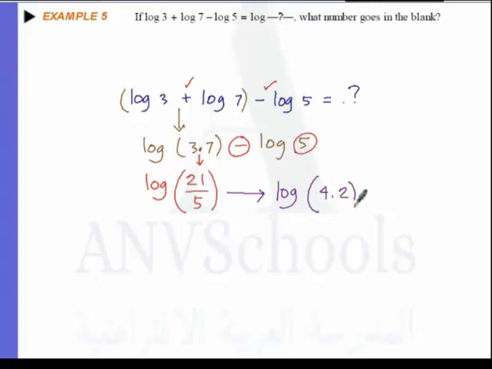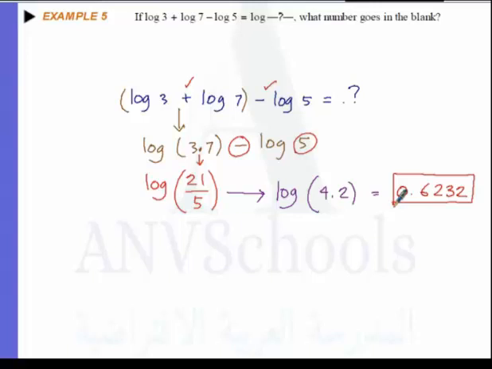And log of 4.2 is equal to 0.6232, rounded off to the nearest 10,000th. So that is my answer.